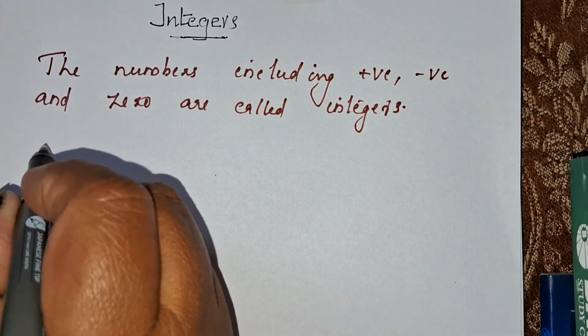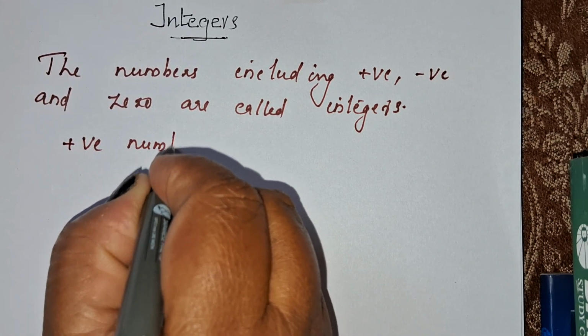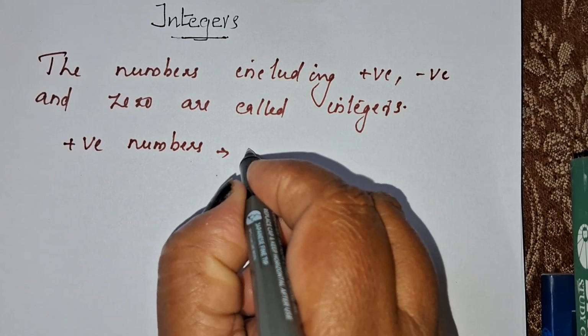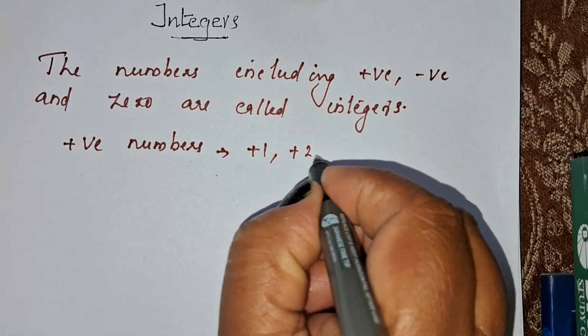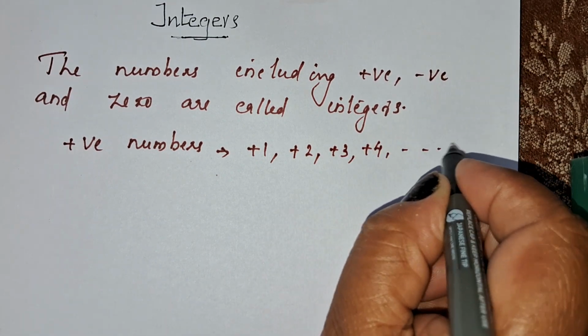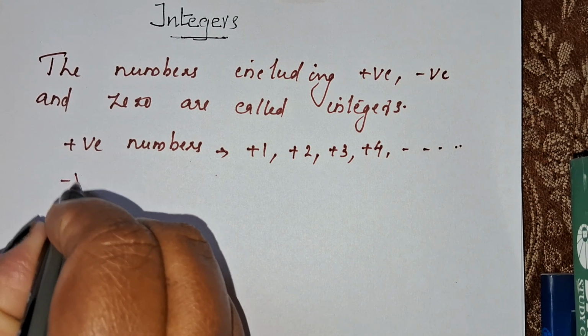What are positive numbers? Positive numbers are +1, +2, +3, +4, etc. All these numbers are called positive numbers. What are negative numbers?